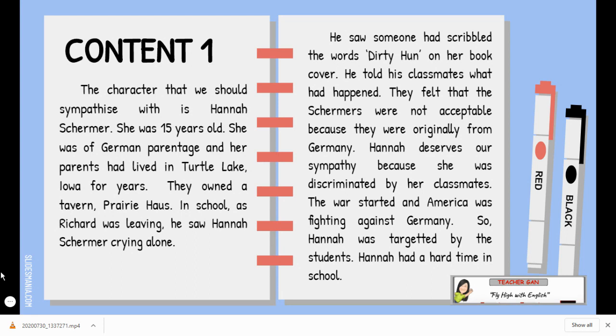He saw someone had scribbled the words Dirty Hand on her book cover. He told his classmates what had happened. They felt that the Schirmers were not acceptable because they were originally from Germany. Hannah deserves our sympathy because she was discriminated against by her classmates. The war started and America was fighting against Germany, so Hannah was targeted by the students. Hannah had a hard time in school.